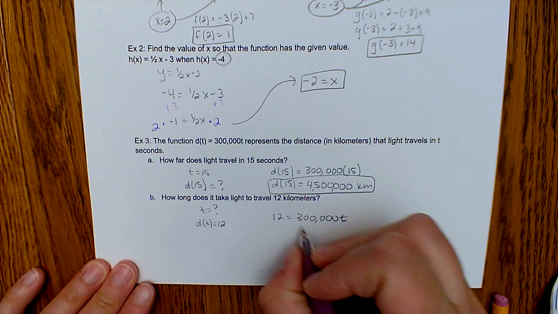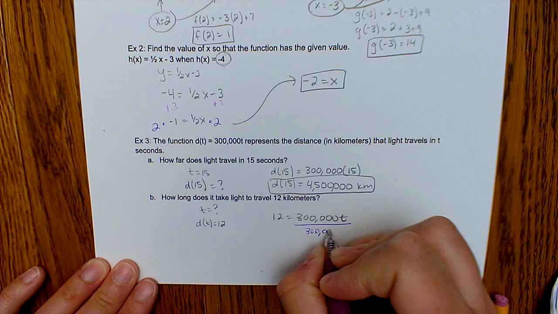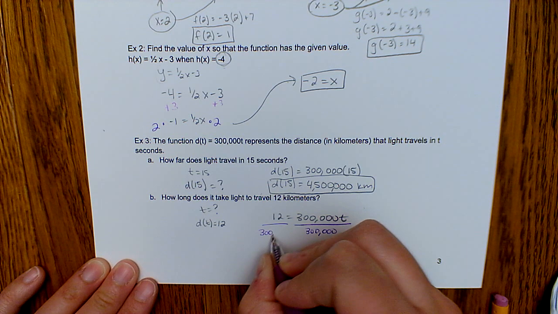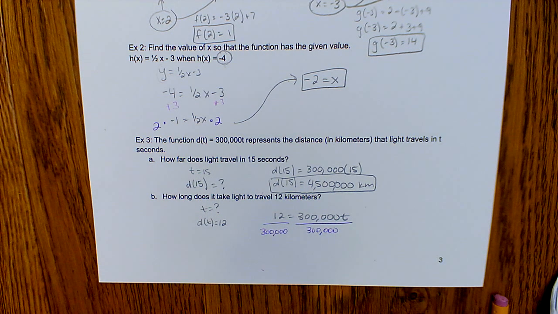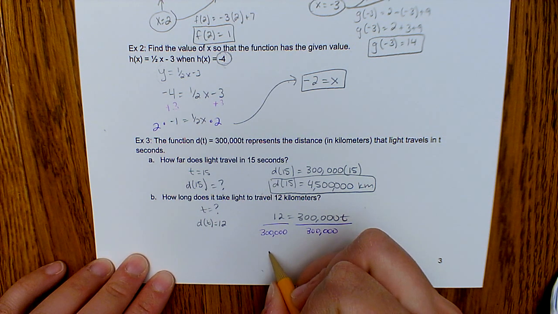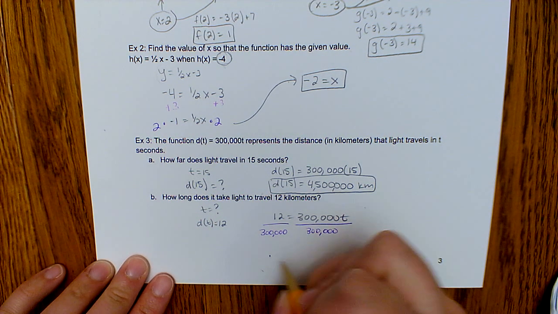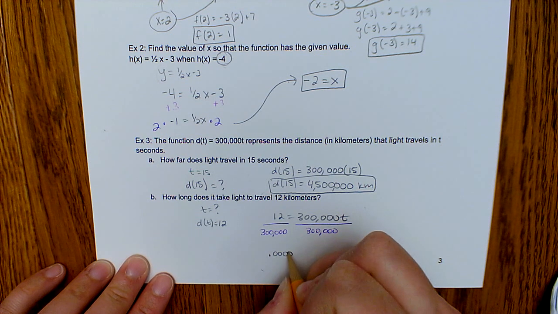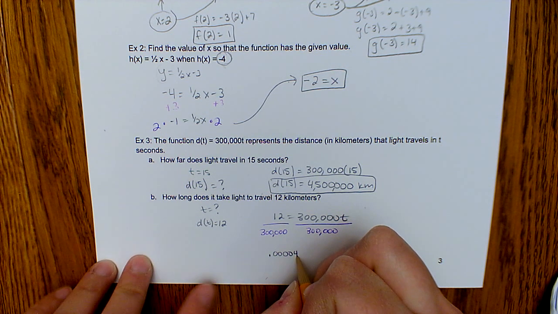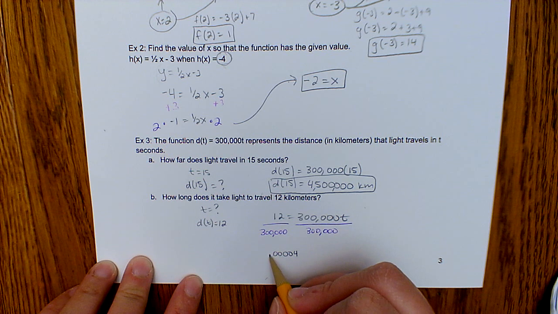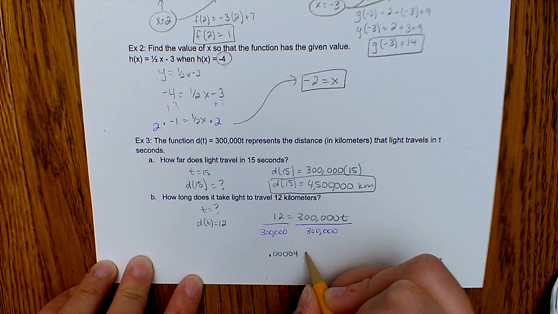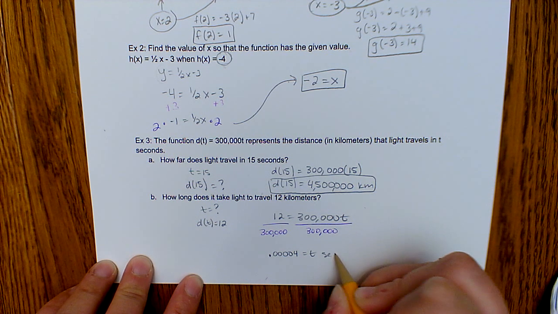I'm going to divide by 300,000. I have to do a quick calculation. I don't know that off the top of my head. Point 0.00004 equals t, and that's seconds.